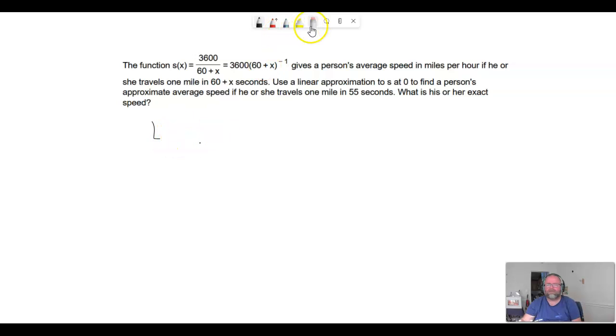So L of x, that's the linear approximation, is equal to our function here. This is going to be s of a plus the derivative at whatever a we choose times x minus a.